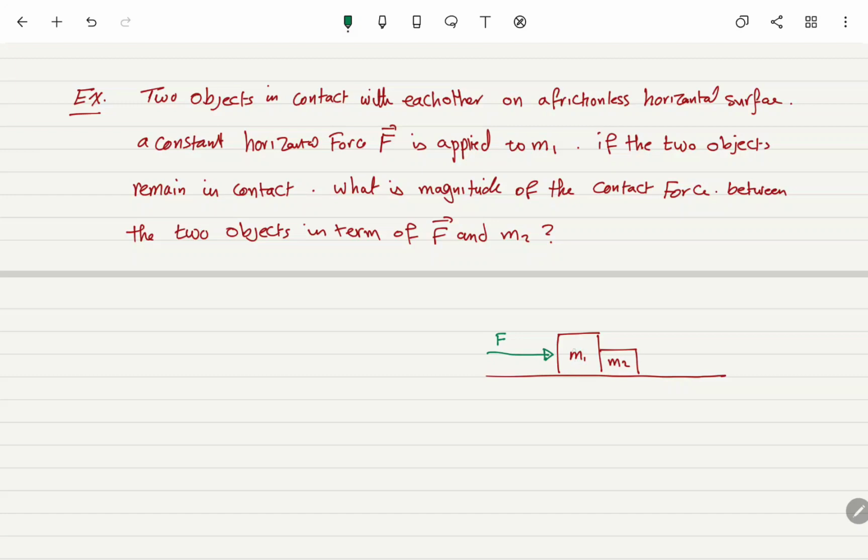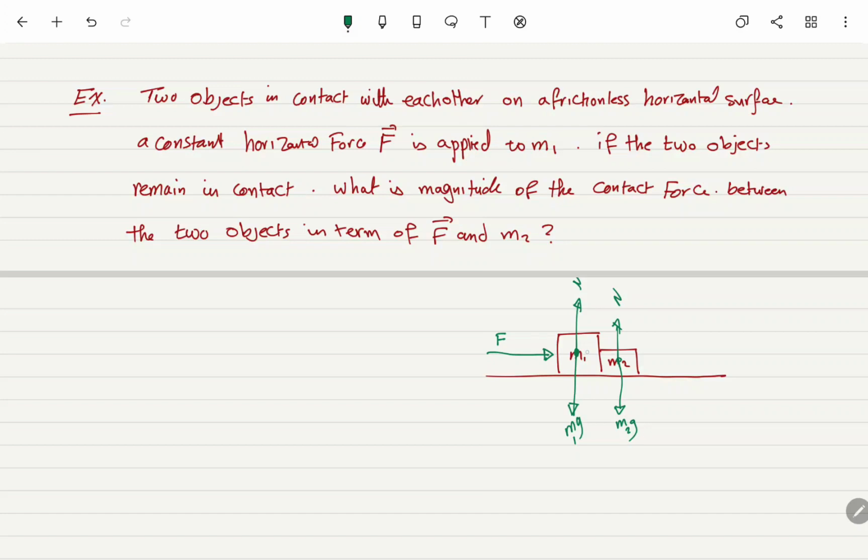On M1, there is a weight directed downward, m1g, and a normal force. On M2, there is a weight m2g directed downward and a normal force directed upward. Now, don't forget that there is contact between them.